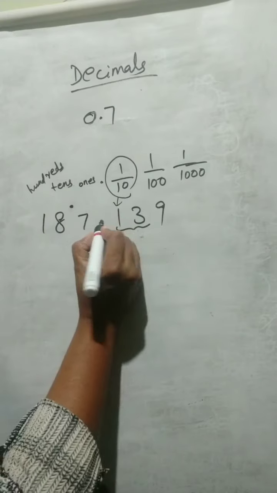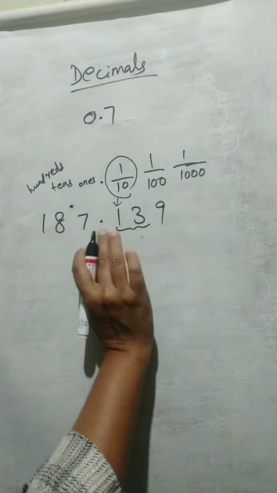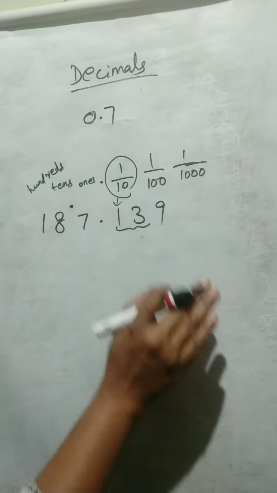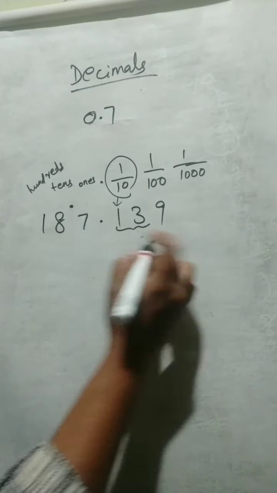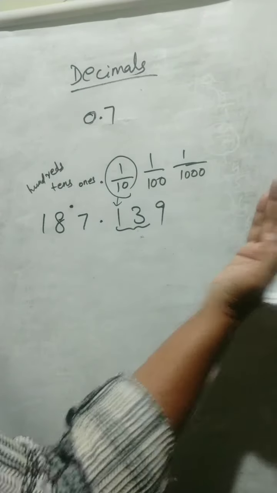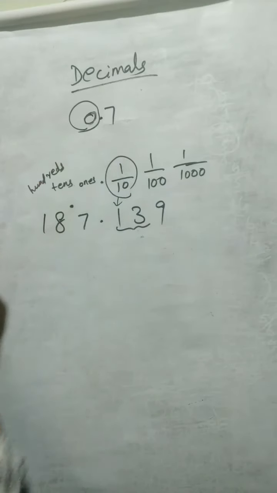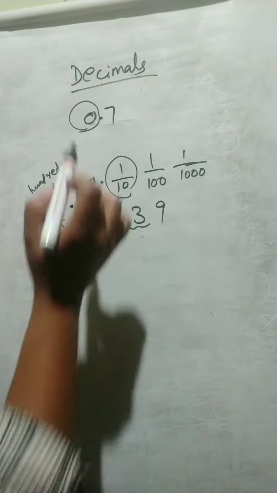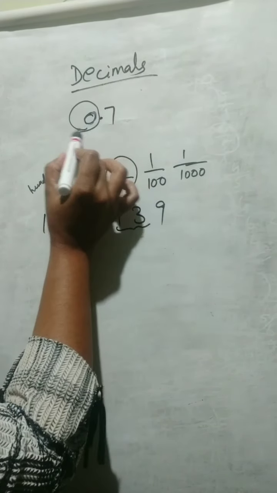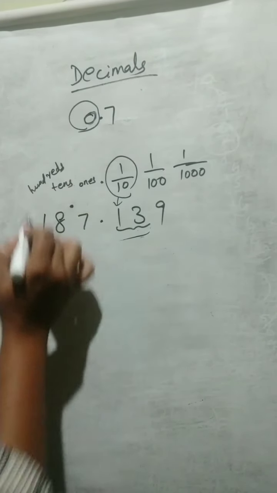After the decimal point, all the values will be less than 1. If there is no number before the decimal point, if 0 is there, then the value is less than 1.